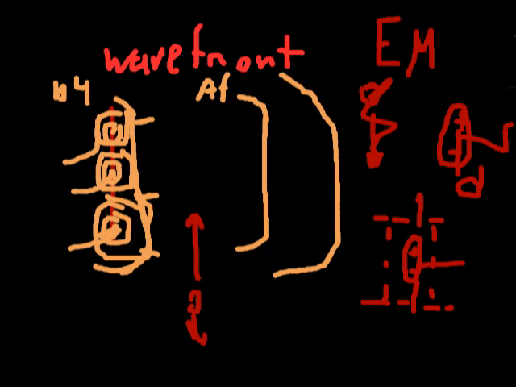So these oscillating dipoles create accelerating charges. Accelerating charges cause fluctuating magnetic fields, because as we know, the magnitude of the magnetic field B equals mu times I over 2 pi r.